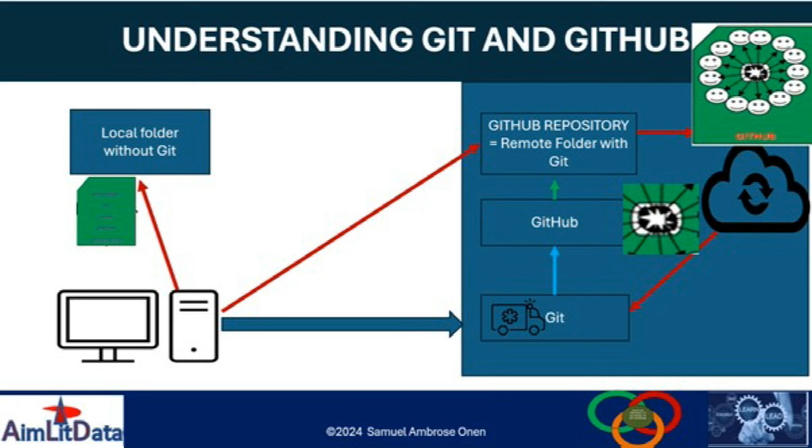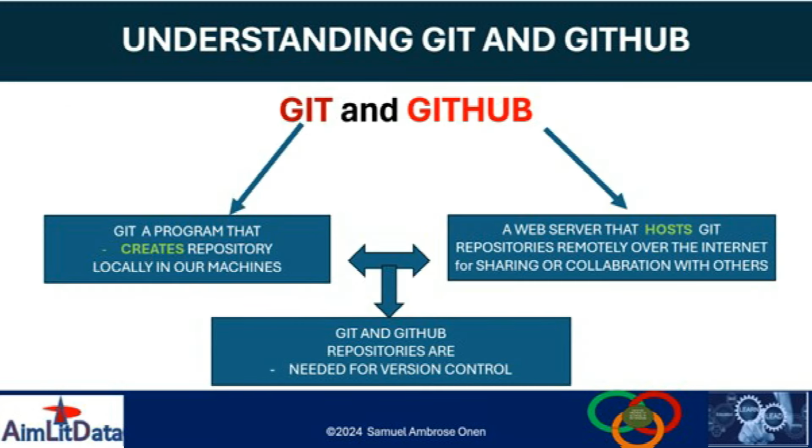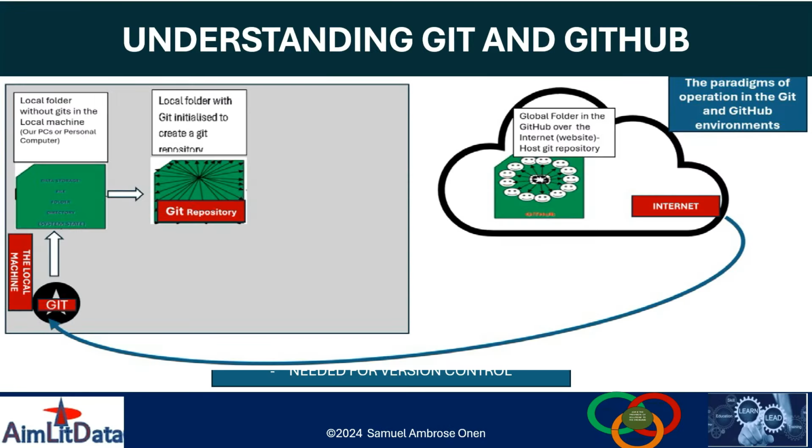Just note that clearly. So to create a GitHub repository, you have to create it from the website of GitHub. Use GitHub, create it, and then you start using it. Whereas a Git repository is created locally on our machine. They are all needed for version control.